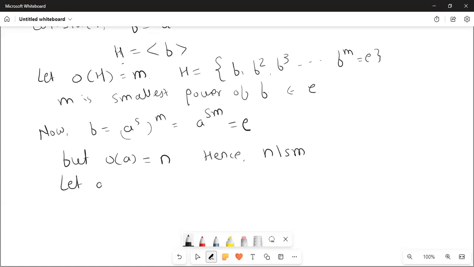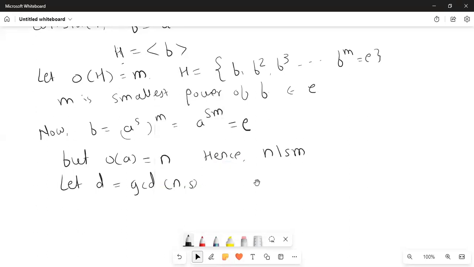Let d be the GCD of n and s, as given in the theorem. We can write n is equal to dx and s is equal to dy.